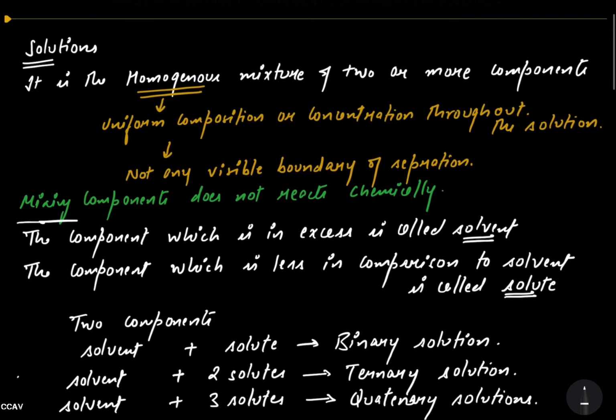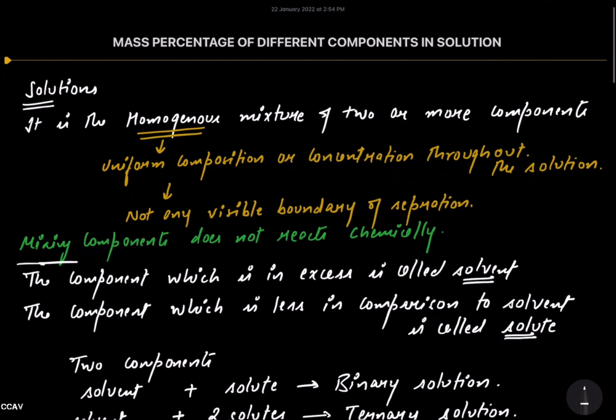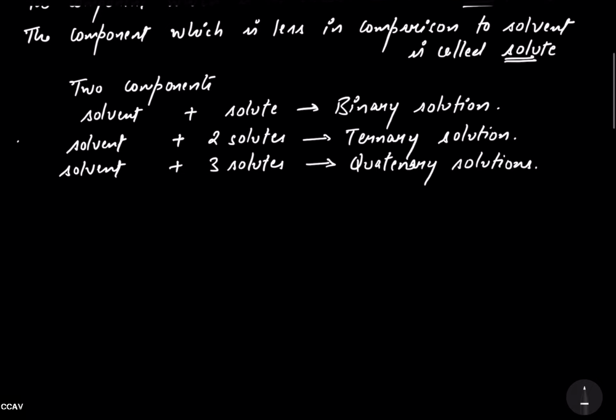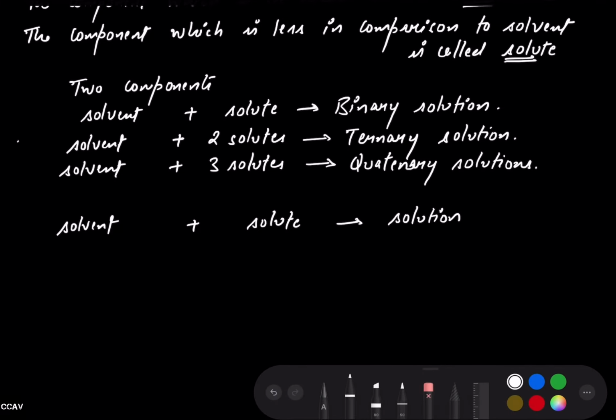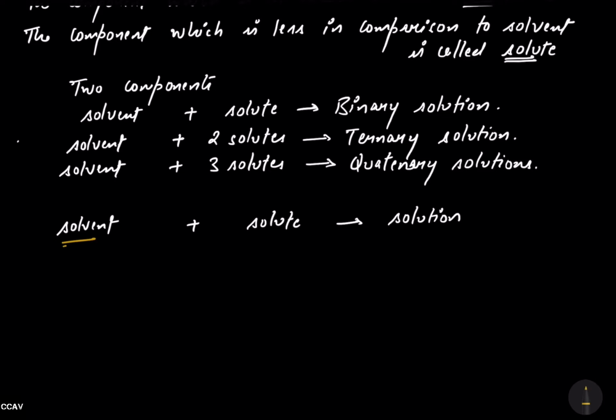So let's now move to our topic, that's mass percentage. So here first of all I am marking solvent plus solute will form a solution. In this I am assuming my solvent to be capital A, my solute to be capital B. So the solution formed will be AB.